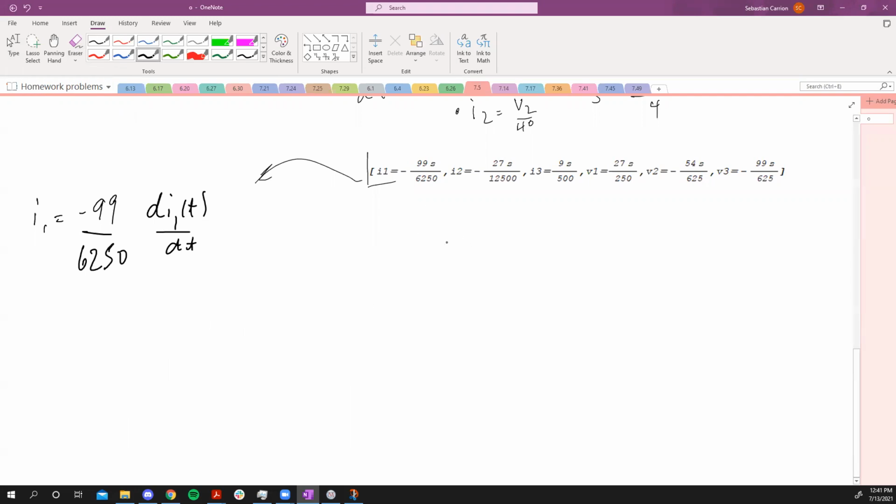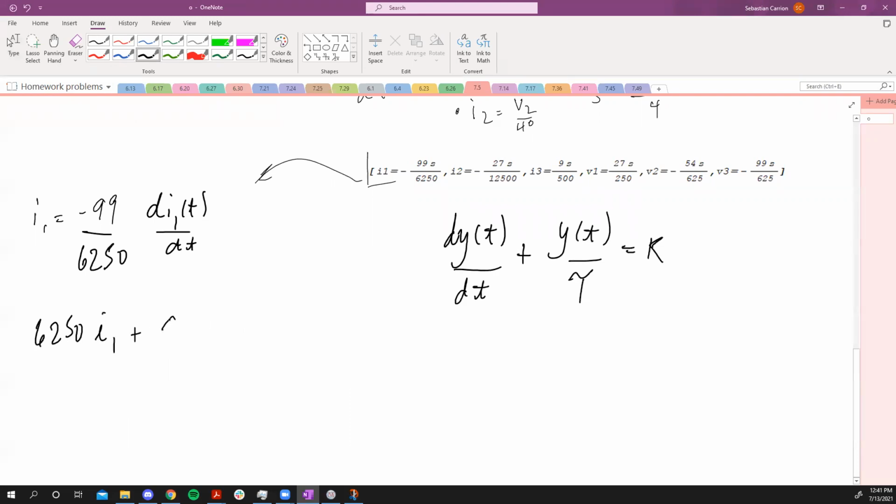Let me start by writing our equation first. So dt over dp plus yt over tau equals, okay, so 6/5 I1 plus 9 ti, plus 2 0.